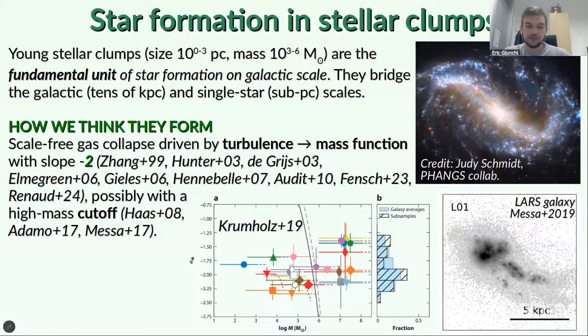And indeed, as you can see in this plot from the review by Krumholz et al. in 2019, many works that study the mass function of clumps tend to find slopes consistent with this predicted value of -2, confirming the possible nature of the gas collapse that drives the formation of these clumps.